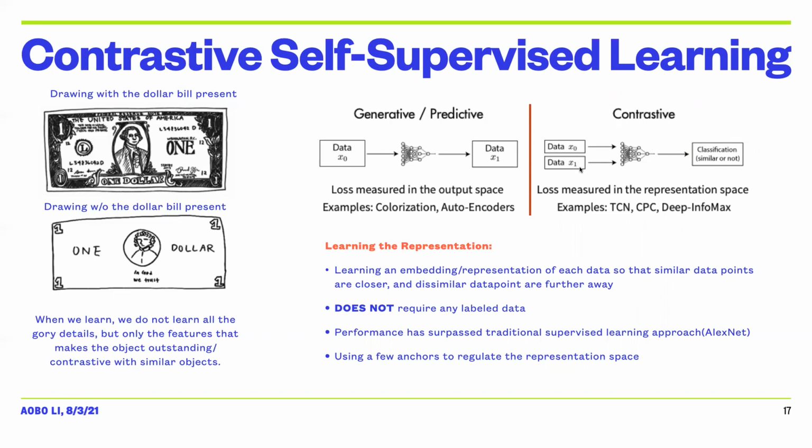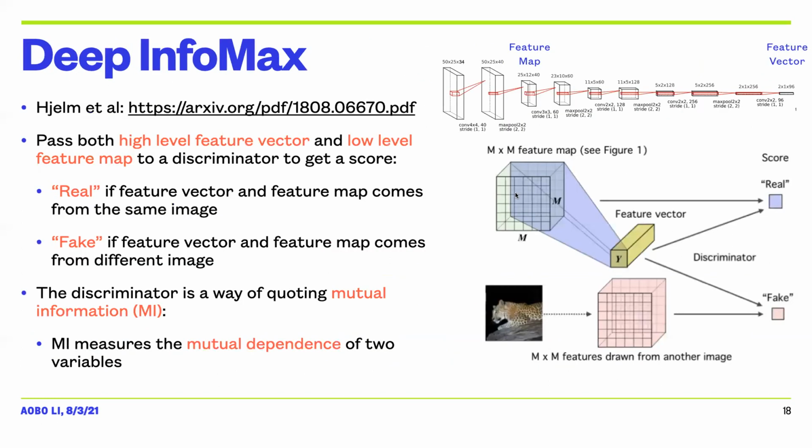If the 2 images are different images, then their similarity will reduce. You can call it a score or you can call it the mutual information. I don't want to give a very rigorous definition of mutual information here, but you can think of it as some kind of correlation. So you want the feature map to be correlated to your feature vector.